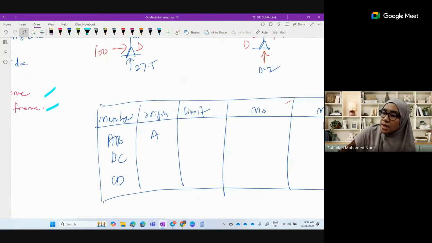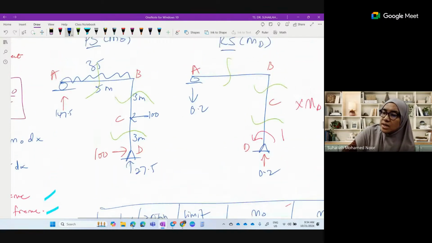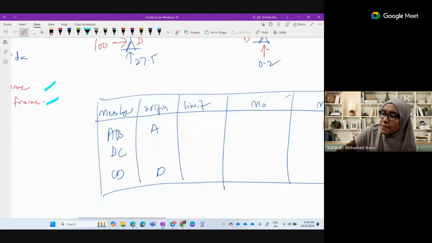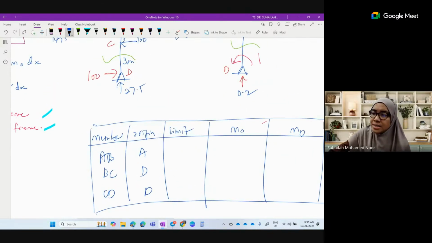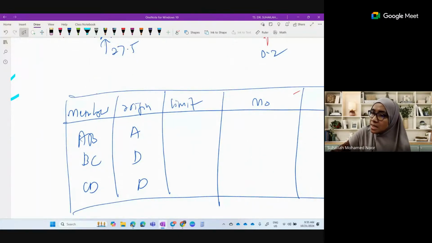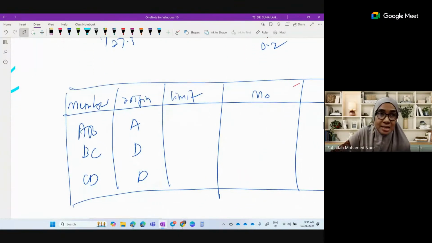Origin A. Okay, CD origin D. CD origin D from the bottom, right? Okay, BC origin D also, the easiest for us to do. In some questions, maybe the easiest for BC is origin C. But in this case the origin is D.